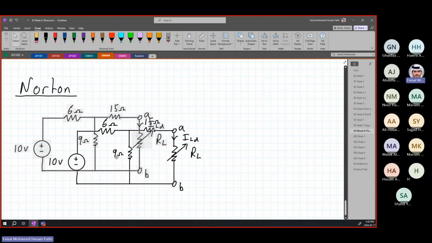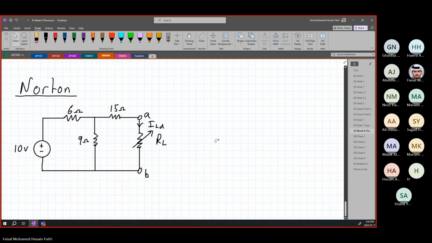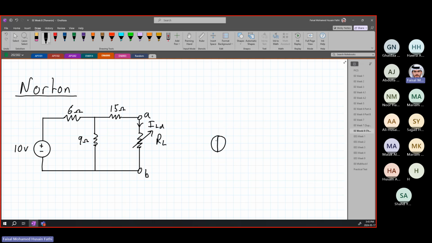So first things first, for Norton, our equivalent circuit is no longer going to be a voltage source. It is going to be a current source. And our resistor is no longer going to be in series. Our R Norton is going to be in parallel, and then you have your A and B over here.